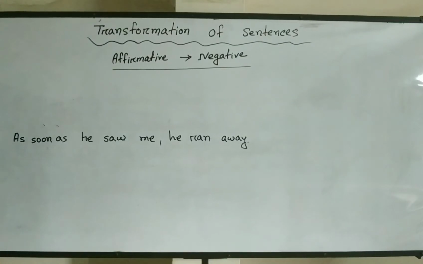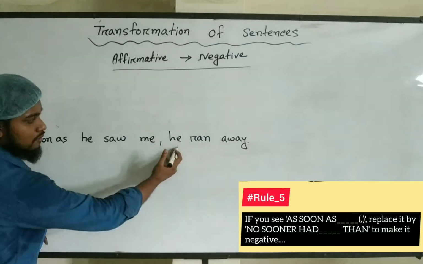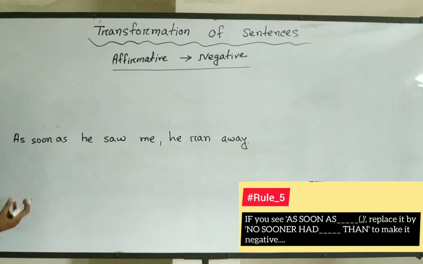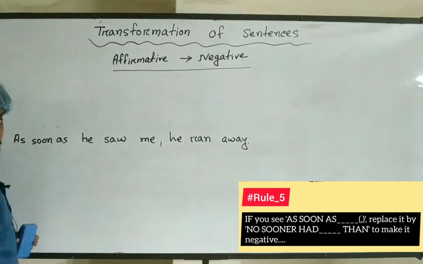Have a look at this example. As soon as he saw me, he ran away. Here you can see "as soon as" is used in this affirmative sentence and comma is also used.